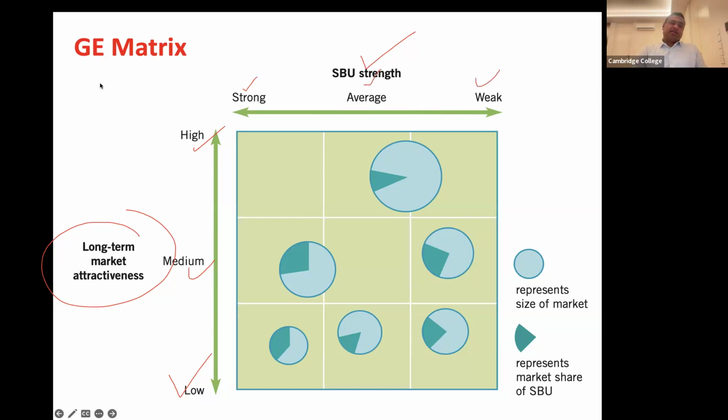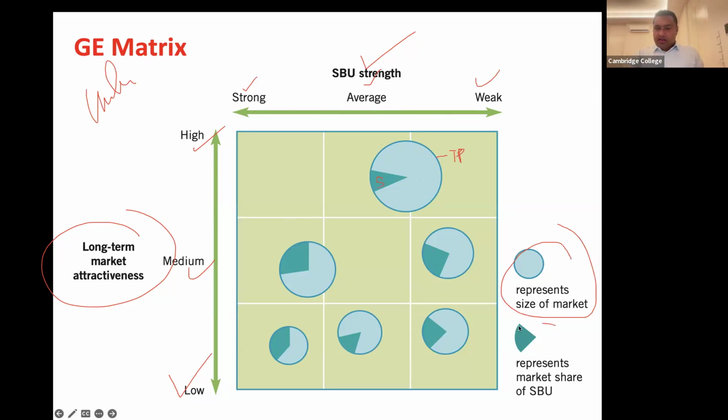So again, if you take the Unilever portfolio, here you look at this larger circle represents the size of the market. So for example, this might be the toothpaste market, and this is the Signal's market share.